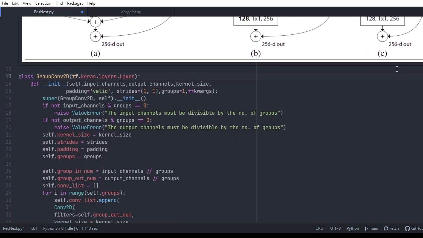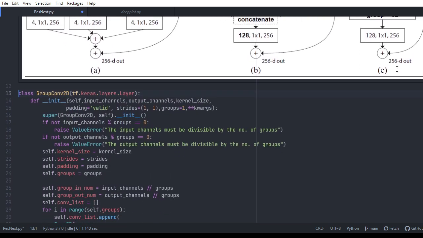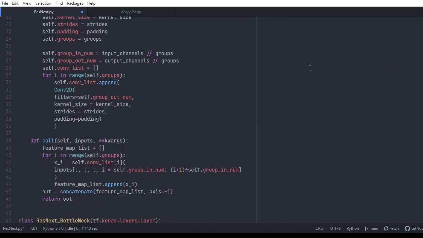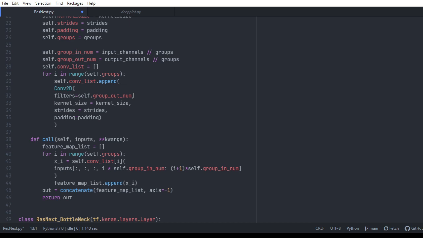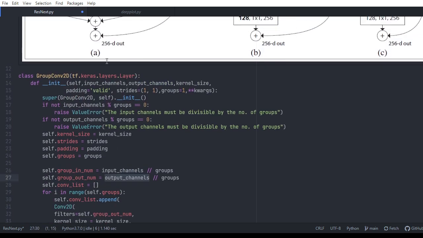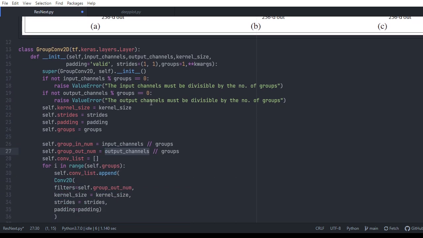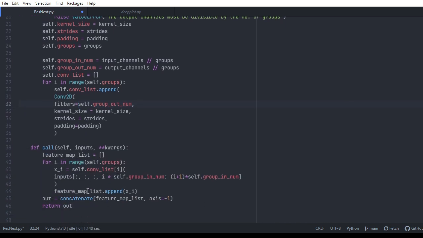So here we see the implementation of the group convolution, where we take the output channels that we require, in this case 128. Then we divide by the cardinality, which is 32, so that we get the number of filters of the groupings to be 4.